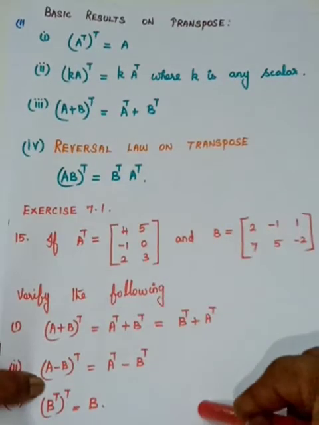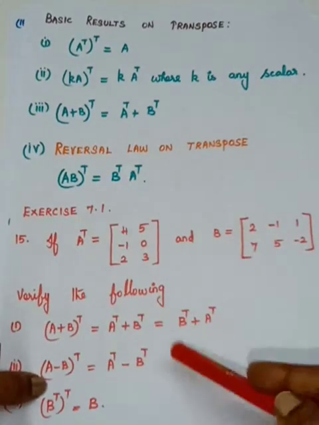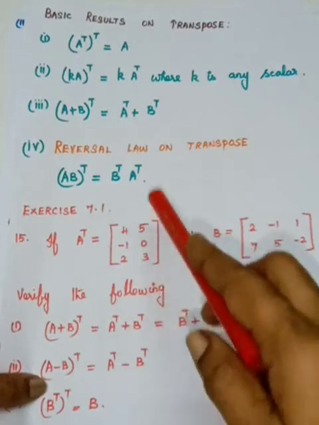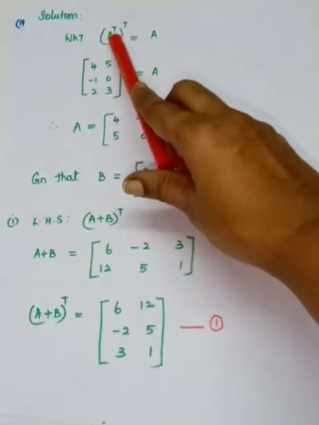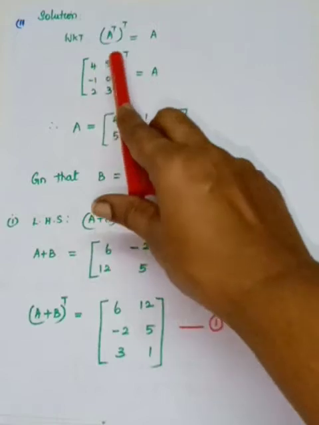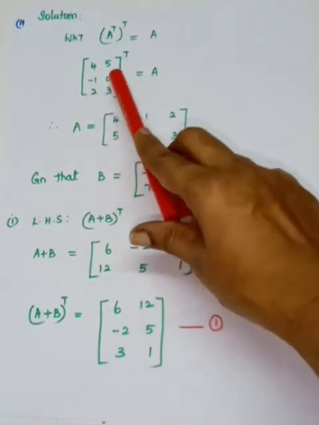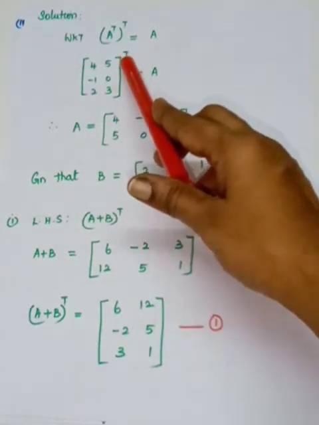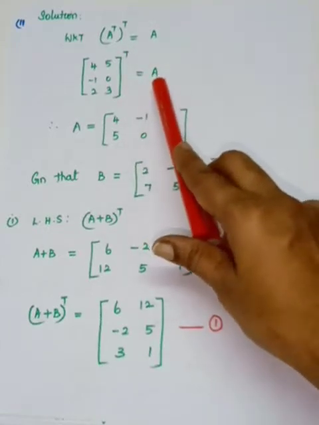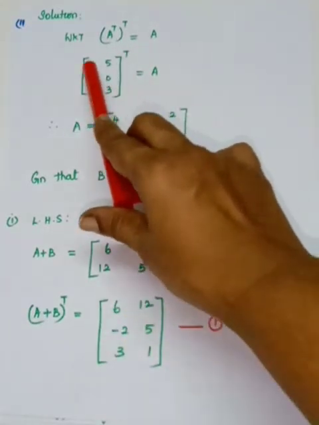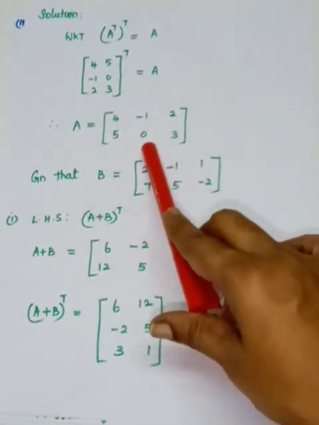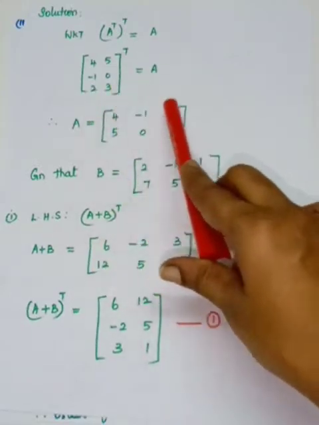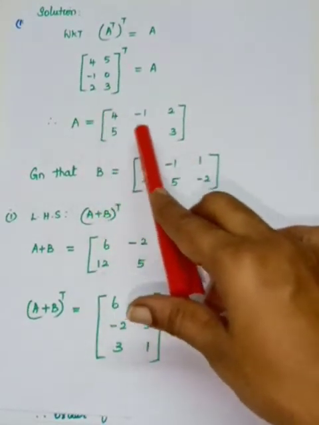So to do the following results, we should know A. We know the result, A transpose the whole transpose is equal to A. Using that, we are going to transpose A transpose. This is your A transpose. You apply transpose to it, that is equal to A. So take the first row, write it as the first column, take the second row and write it as the second column, take the third row and write it as the third column. So you are getting the A matrix.